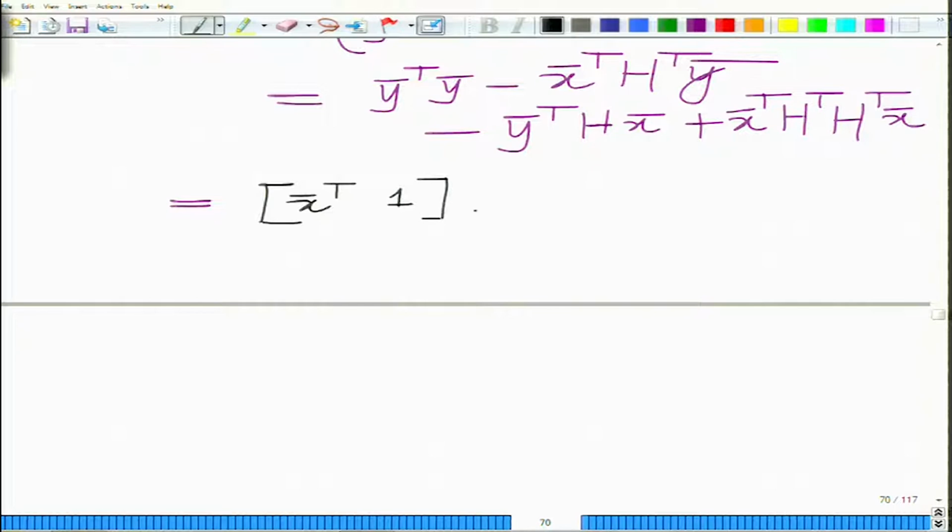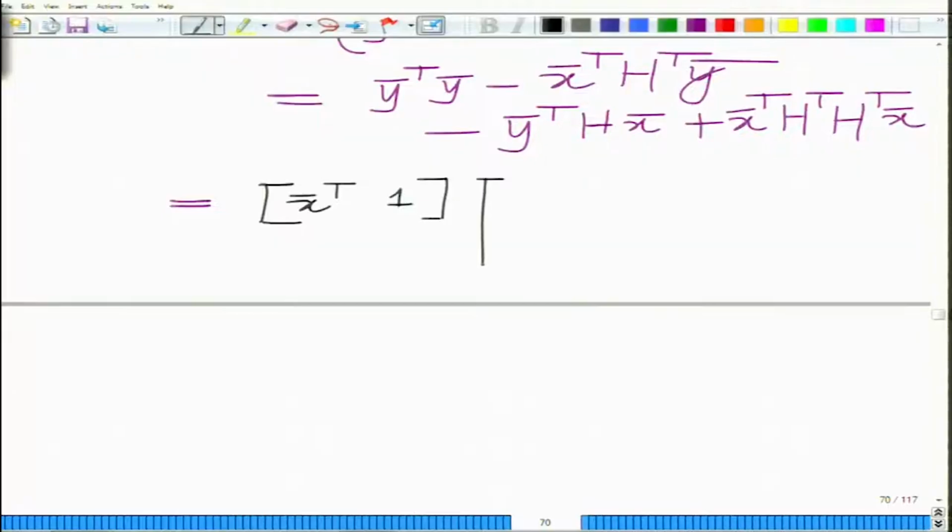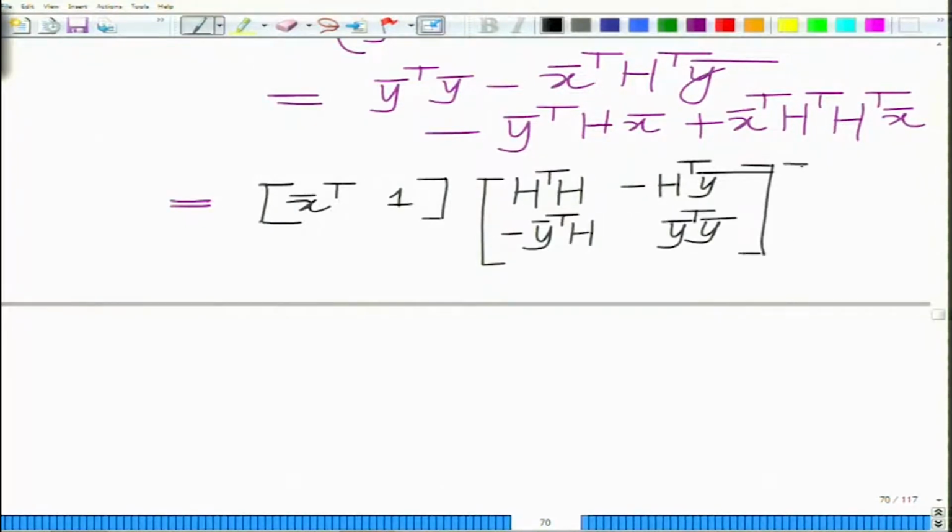So I am making a column vector: x bar, I am stacking it along with this number 1, making it a t plus 1 dimensional column vector, x bar transpose 1, times this matrix, which I can write as H transpose H, minus H transpose y bar, minus y bar transpose H, y bar transpose y bar, times x bar 1.